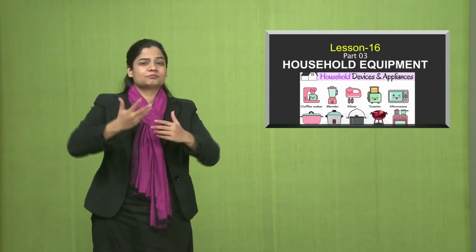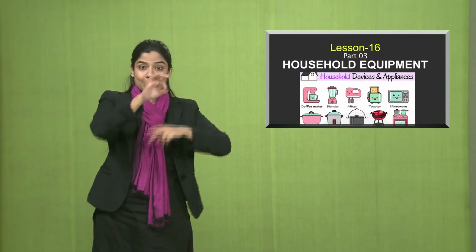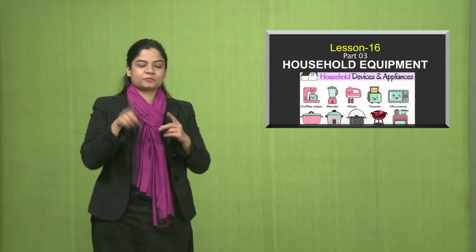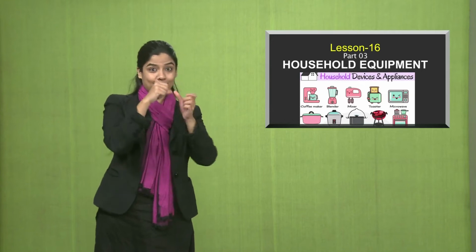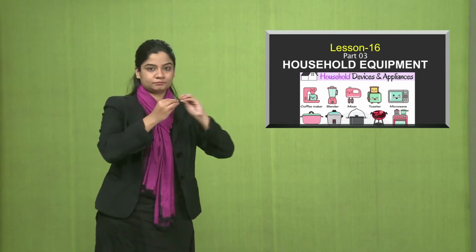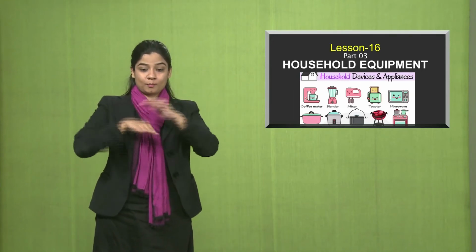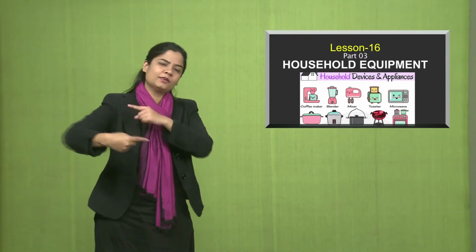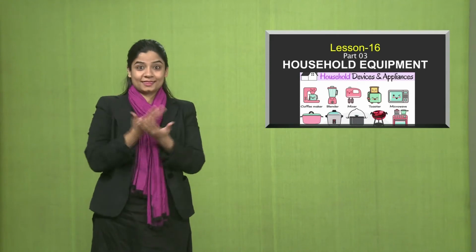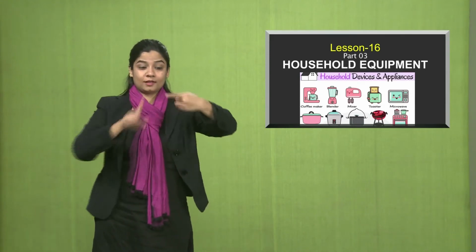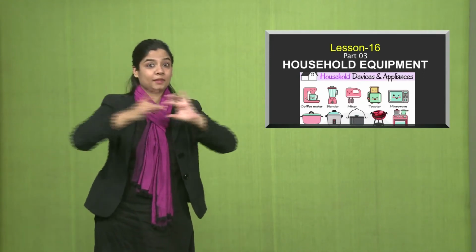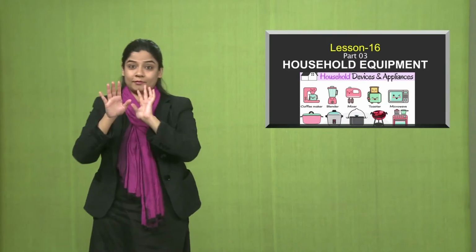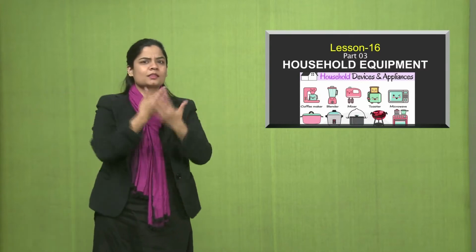We discussed the household equipments, the two categories, electrical equipments and non-electrical equipments. In part 1 and 2, we discussed different household equipments that are used on a daily basis. We talked in depth about it.